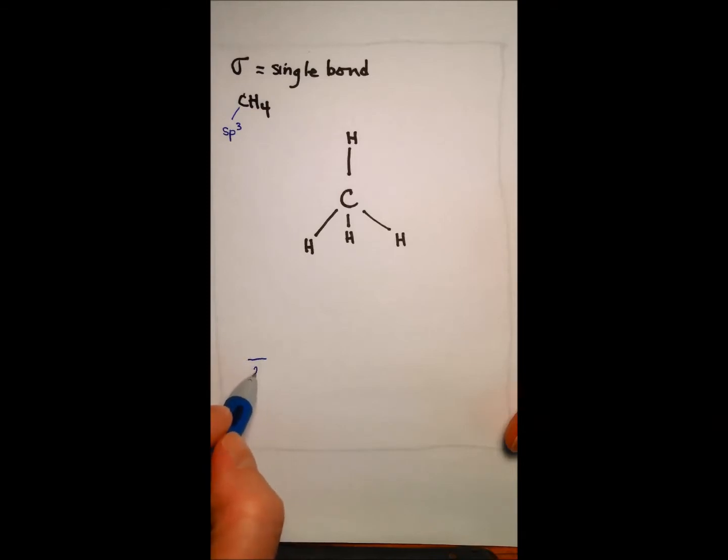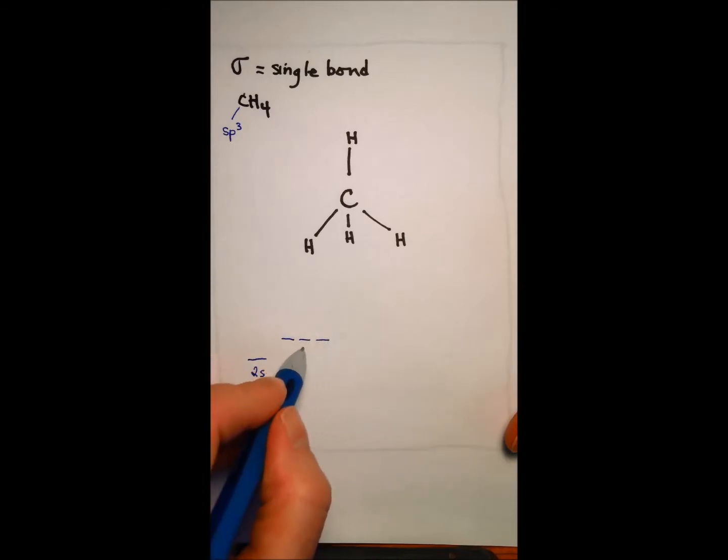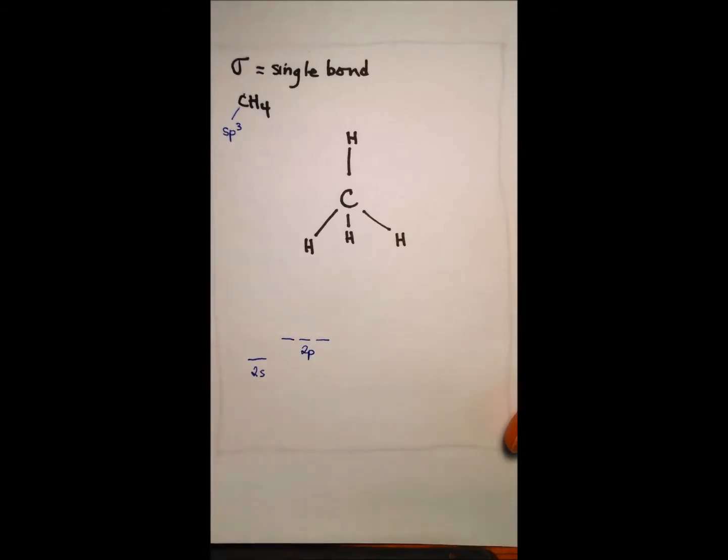So 2s2, 2p2. I'll write it down here: my 2s in particular, and then I have 1, 2, 3 of my 2p orbitals. I'm not going to draw them in, but I have 2 electrons here, and then 1, 2 electrons there. More importantly, for the purpose of this discussion, the valence electron atomic orbitals are the 2s and the 2p.